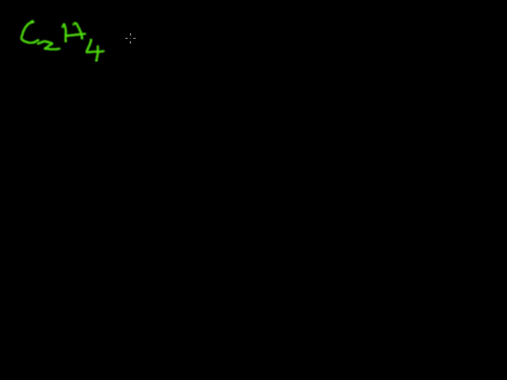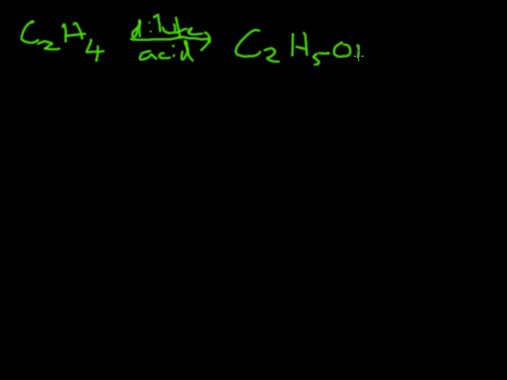How do we do it? Well, we actually use a dilute acid this time, so an acid and water. And the reaction basically just is the reverse of it. It goes to C2H5OH. So it's essentially, because it's a dilute acid, it's got water in it, it's essentially plus H2O up here.